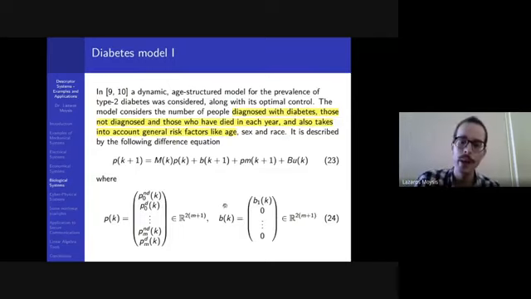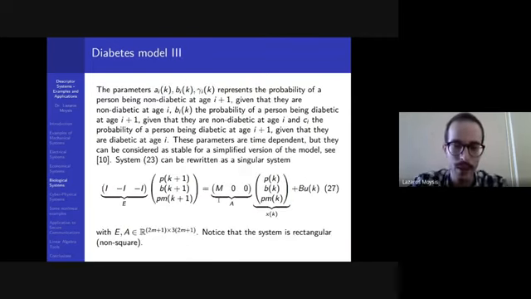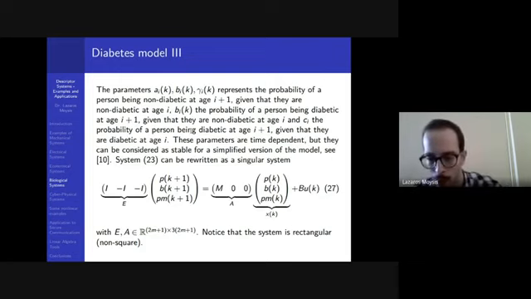anymore. And in describing the interconnection between all of these diabetes sections, we may potentially end up with some sort of descriptor system as well, because again we may have some sort of net distribution or net migrations between one generation to another generation, or from healthy population to non-healthy, and non-healthy population to healthy population.